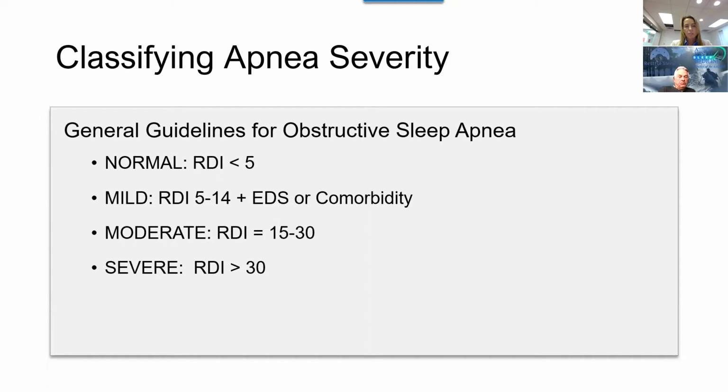Mild is 5 to 14 with excessive daytime sleepiness or another comorbidity such as drug-resistant hypertension, history of heart attack or stroke, also diabetes and other comorbidities like that as well. Metabolic disease can be an indication or comorbidity of obstructive sleep apnea. So mild is 5 to 14 plus any of those symptoms. Moderate is an RDI of 15 to 30, and severe is typically considered 30 events per hour or more.